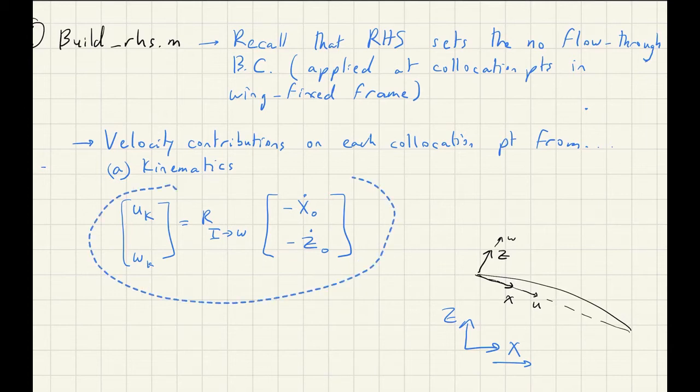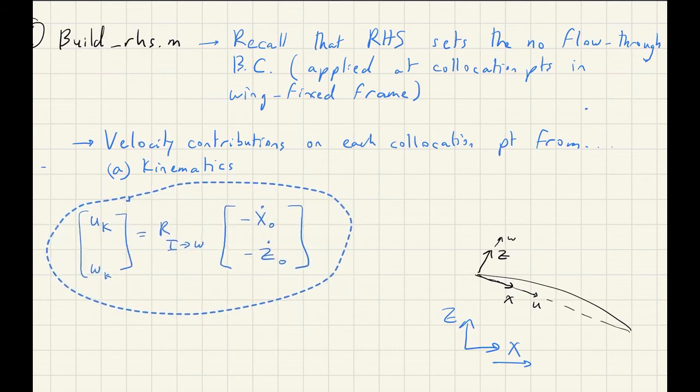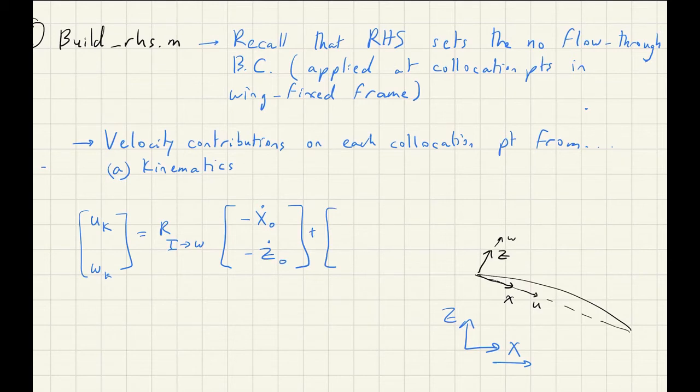We also have an additional component if you have a pitching wing, and that is represented by the following vector: minus alpha dot multiplied by the collocation point z at I, j, and alpha dot multiplied by the collocation point x at I, j.